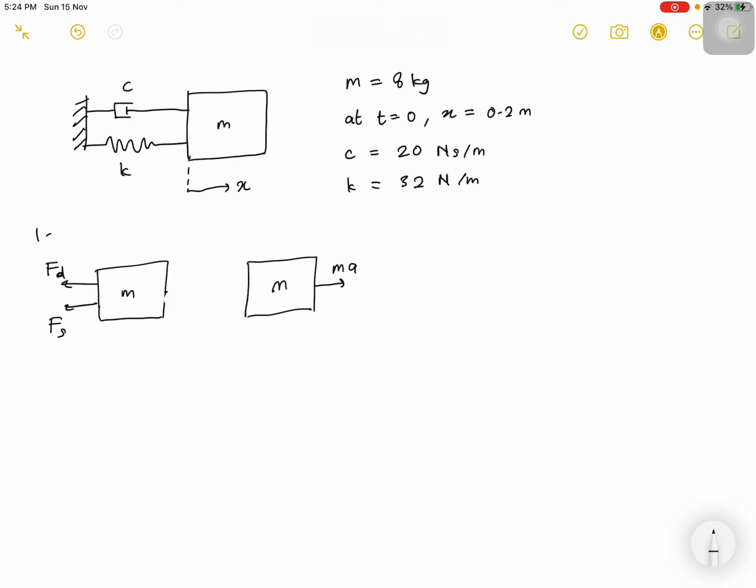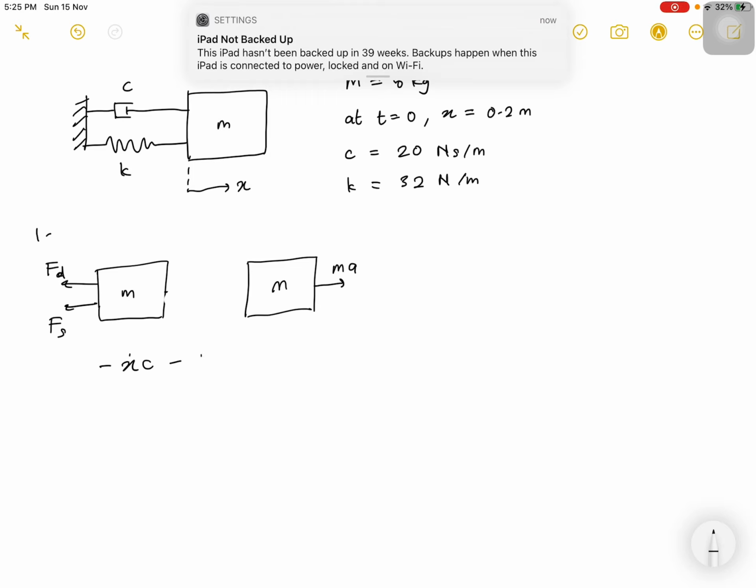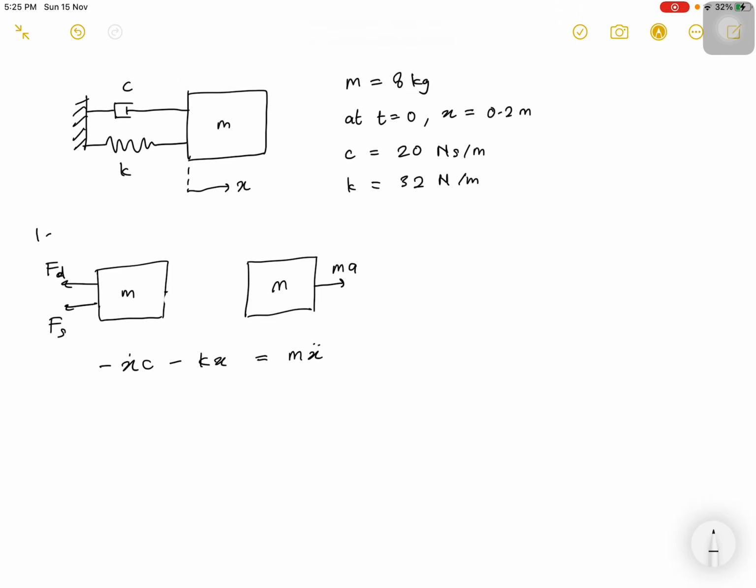So ma, a is acceleration. So now when we compare both sides, we can know that this equation has, like the equation I have told you before, minus cx dot minus kx equal to mx double dot.